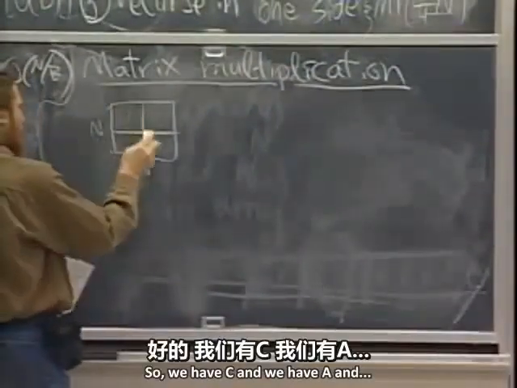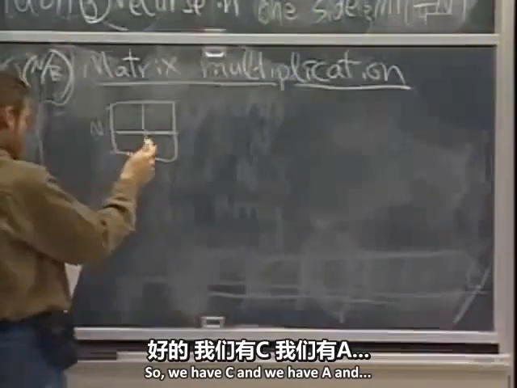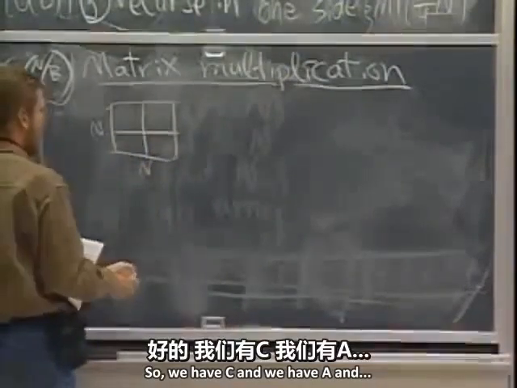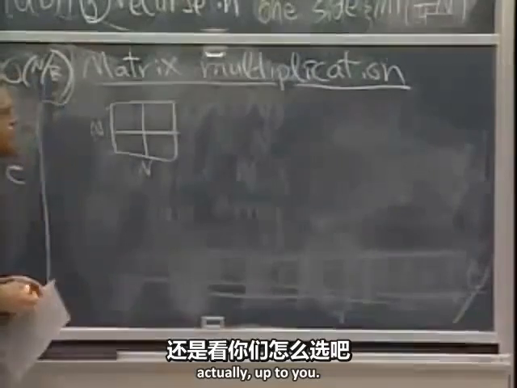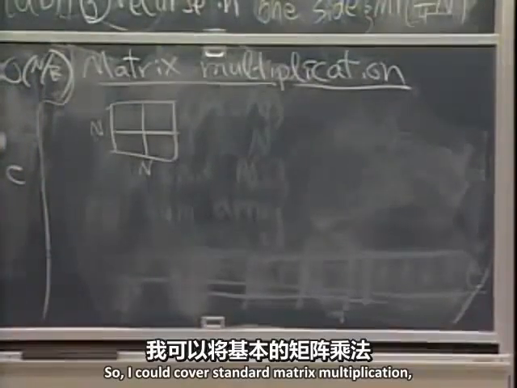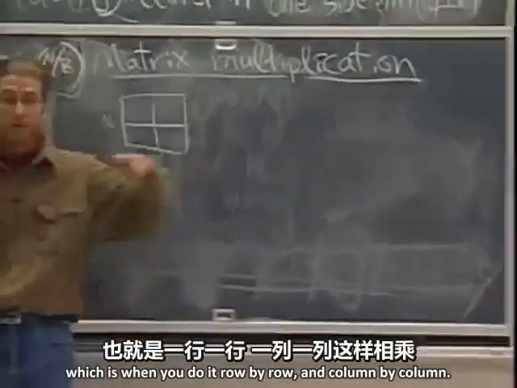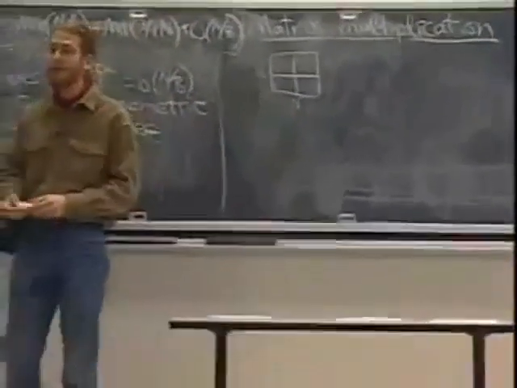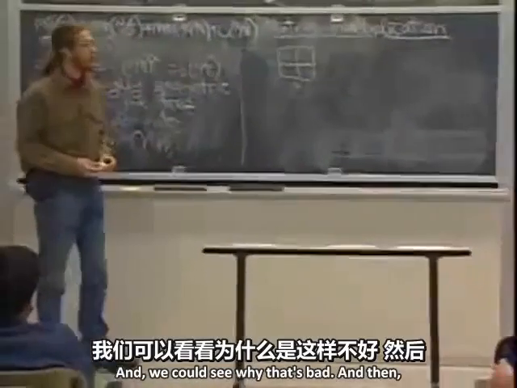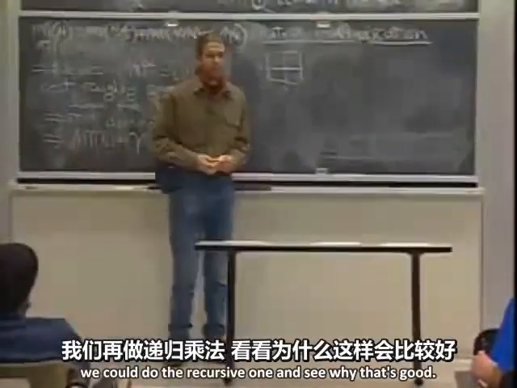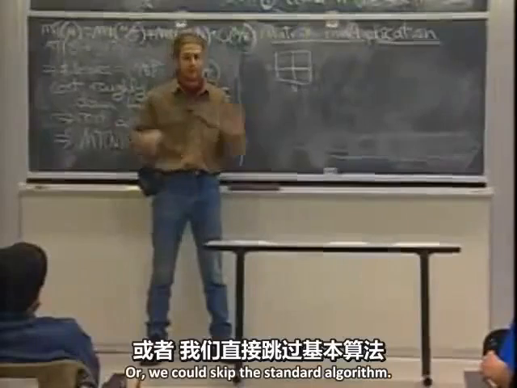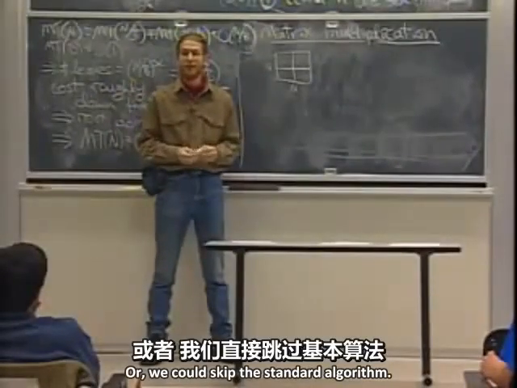So we have C, and we have A, and actually, up to you. I could cover standard matrix multiplication, which is when you do it row by row and column by column. And we could see why that's bad. And then we could do the recursive one and see why that's good. Or we could skip the standard algorithm.